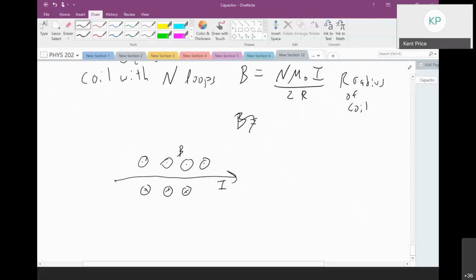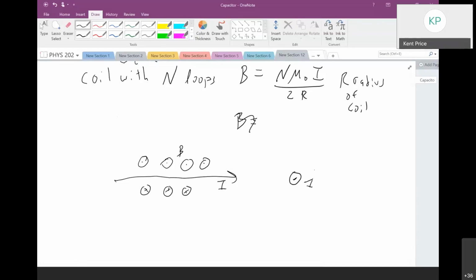I am going to do my best to explain it in words, but what if I were to look at it from the point of view of the wire, where the wire is coming at me like this. This is the current now. It's coming out of the screen. So in that case, I would point my thumb towards myself. My thumb is coming out of the screen.